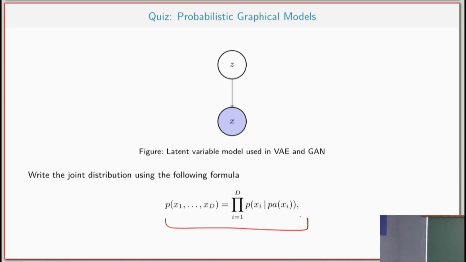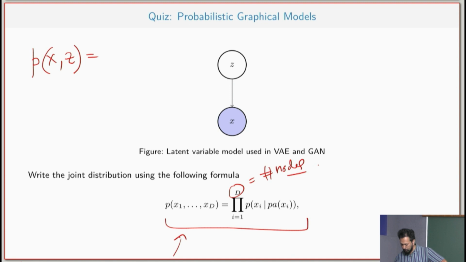In this case, your x1 you can say is x, and x2 you can say is Z. Now what you are supposed to find is p of x, z from this formula. What this formula says is that d is the number of nodes in the graph, and here we have two nodes, x and z.